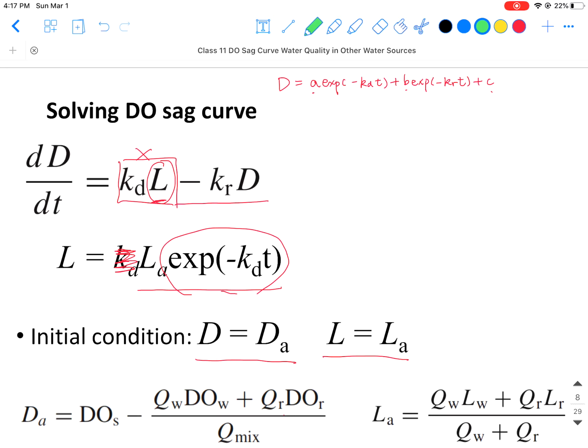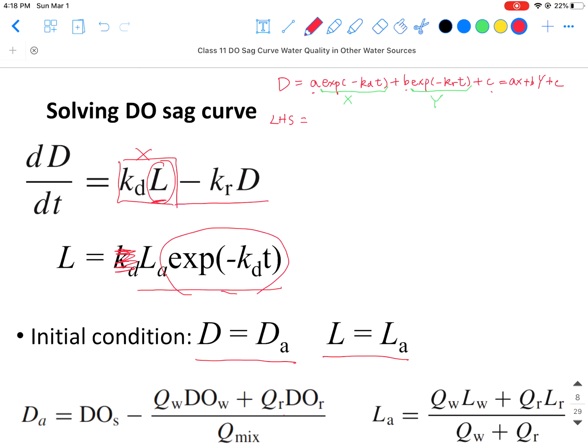And further, for simplicity, let's make a substitution. Let's assume that this term is now called x, and this term is now called y. Okay, so basically, this is giving us Ax plus By plus C. Okay, so let's see what happens on the left-hand side.